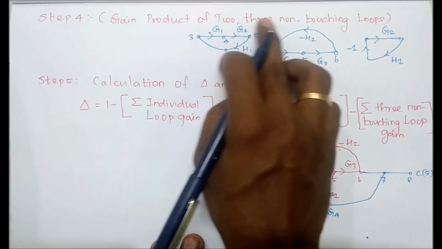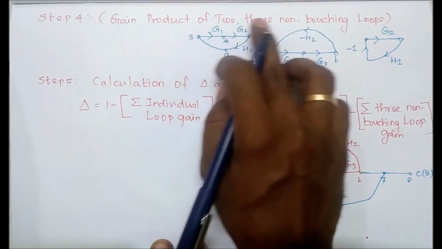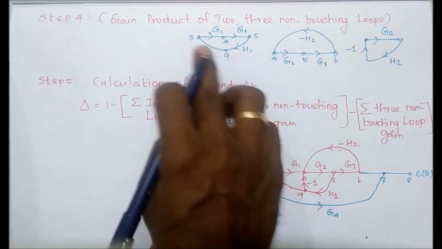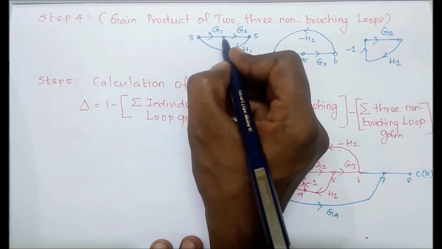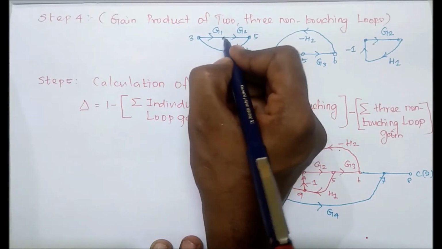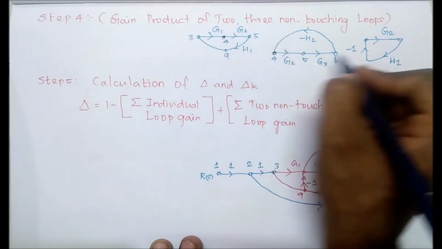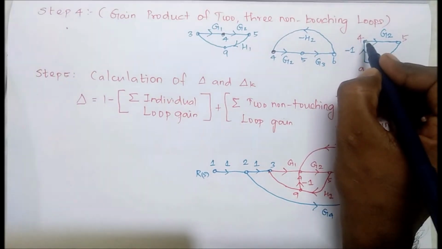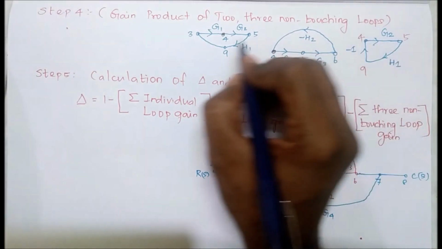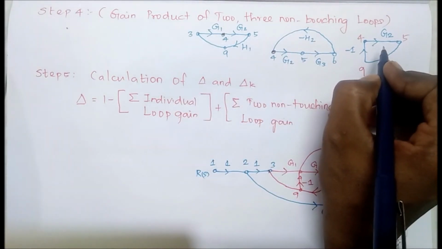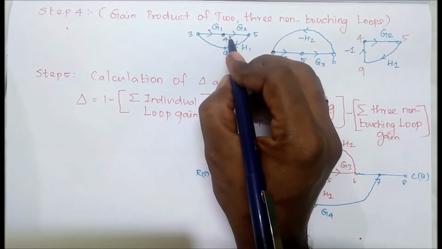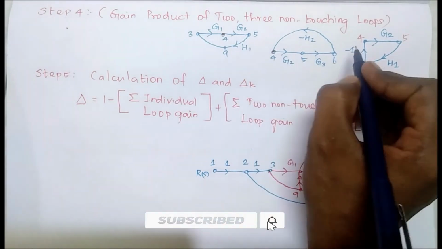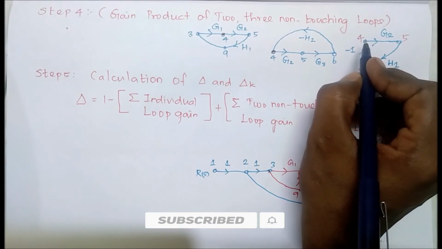Next, the gain product of 2, 3 and 4 non-touching loops. Actually totally there are 3 loops only. We see this loop is involving node 4. This is also involving node 4. So we see all 3 individual loops are touching at a point or node 4.